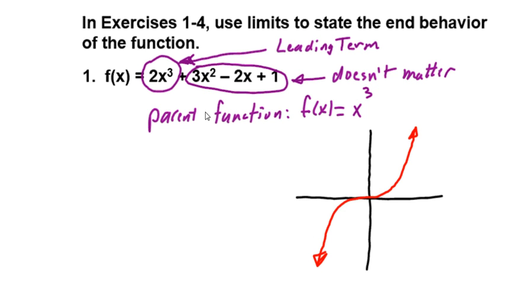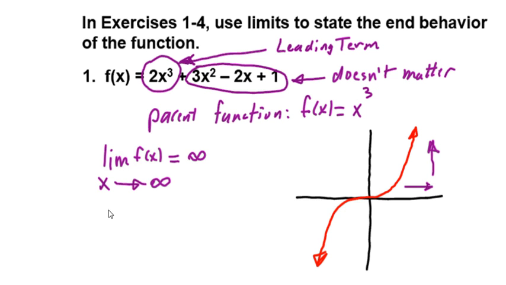When it comes to end behavior, which you write as the limit as x approaches infinity of f of x, as we go more positive with the x's, what happens to the y's? They go more positive, so we have infinity. The other end behavior is the limit as x approaches negative infinity of f of x.